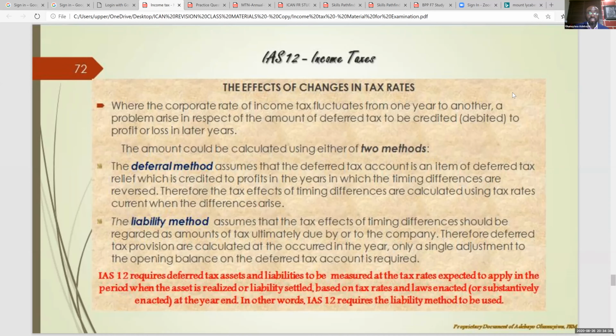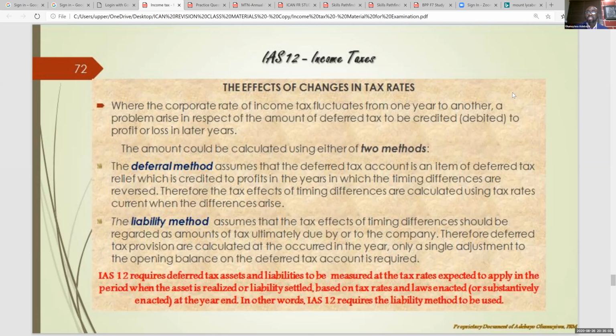IAS 12 requires deferred tax assets and liabilities to be measured at the tax rate expected to apply in the period when the asset is realized or when the liability is settled, based on the tax rate and law enacted or substantively enacted at the year end. In other words, IAS 12 requires the liability method to be adopted.